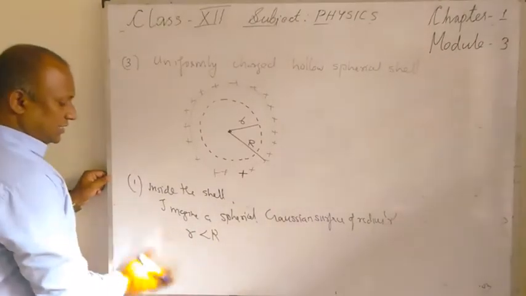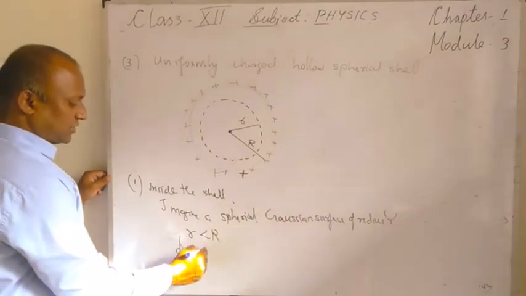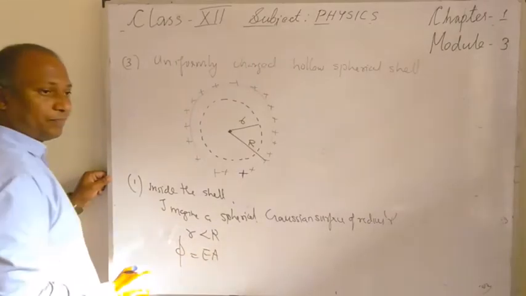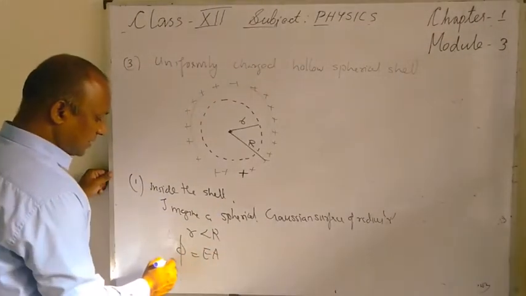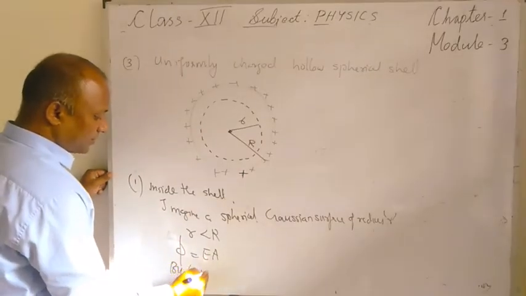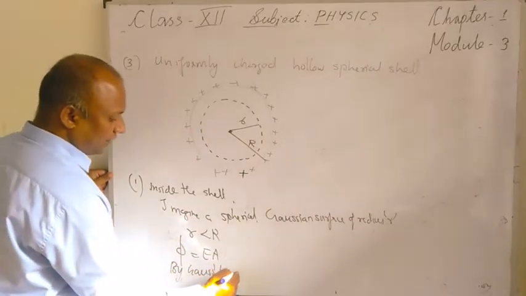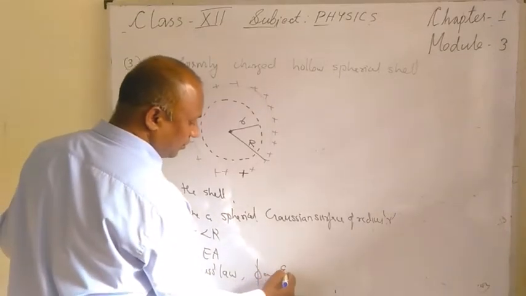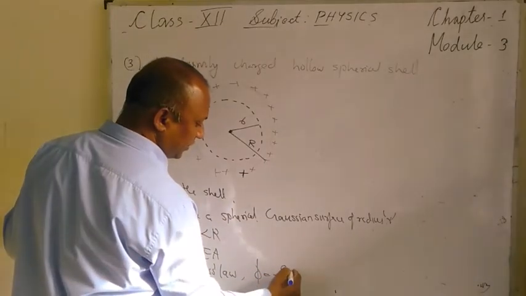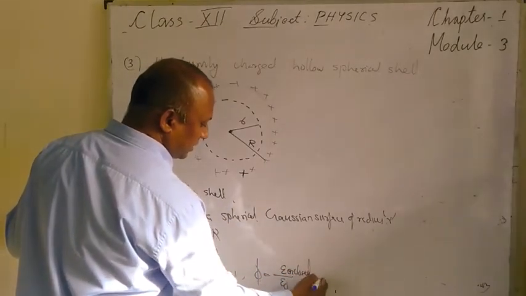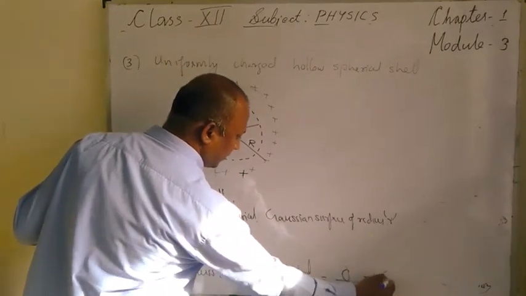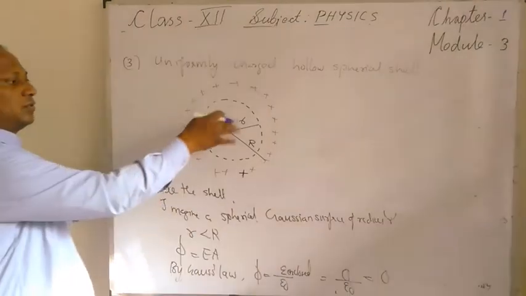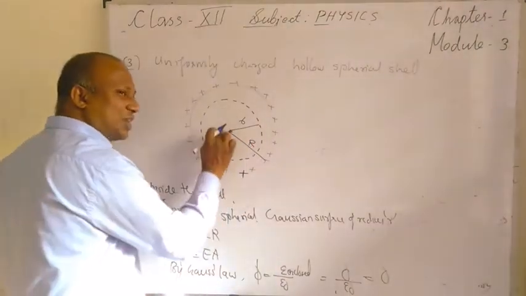In this, what is the flux? Flux is equal to E into A. And by Gauss law, the flux is Q enclosed upon epsilon naught. Q enclosed is how much? 0 upon epsilon naught is equal to 0, because there is no charge inside.